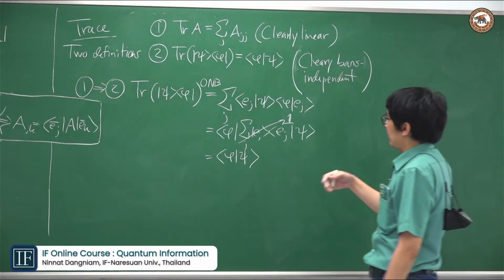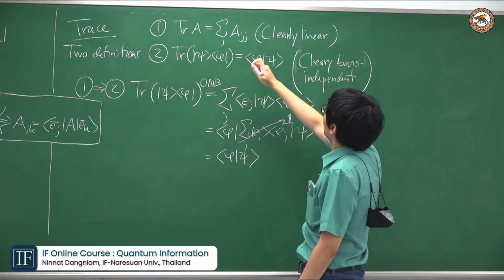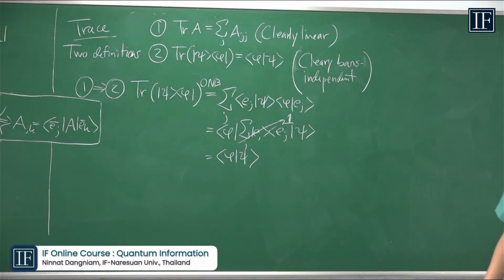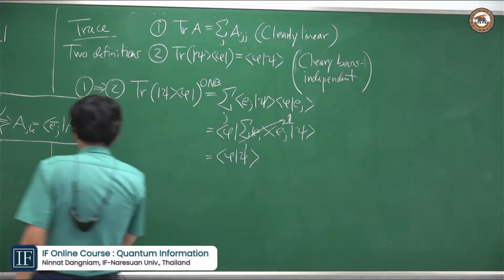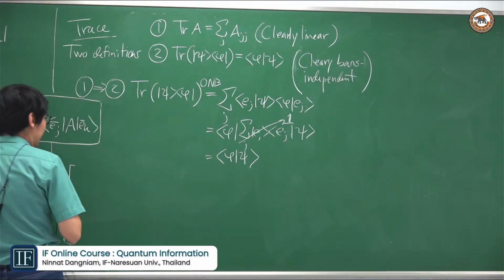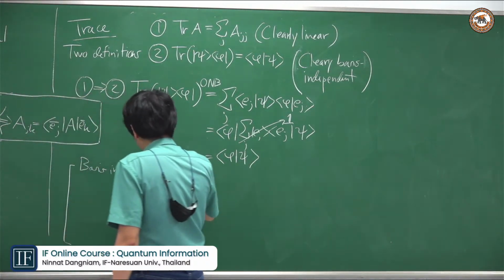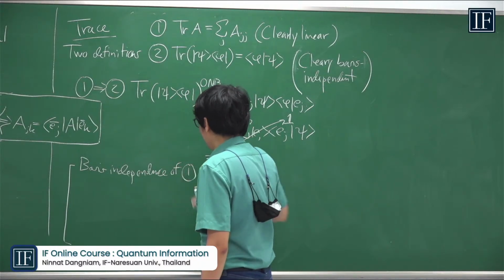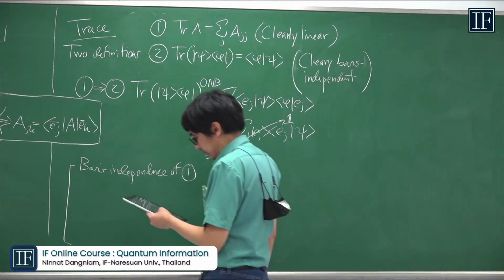Or you can also prove directly from the first definition that it is basis independent. So maybe I'll put a little note here: the basis independence of the first definition.